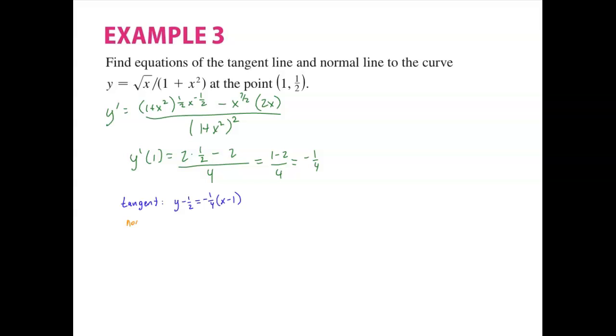How does the normal line relate to the tangent line? We talked about this, right?